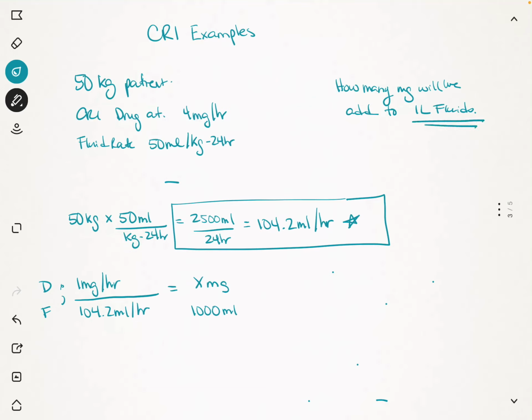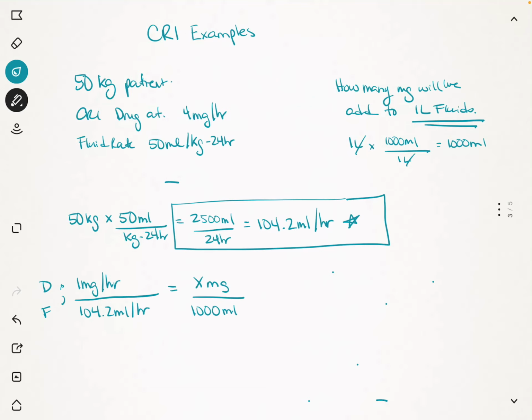I've gone ahead and just converted that to mils so that we can use the same ratio. And if we remember, 1 liter times, we've got 1,000 mils. That's our conversion factor per liter, so ergo it is 1,000 mils. So cross that out.